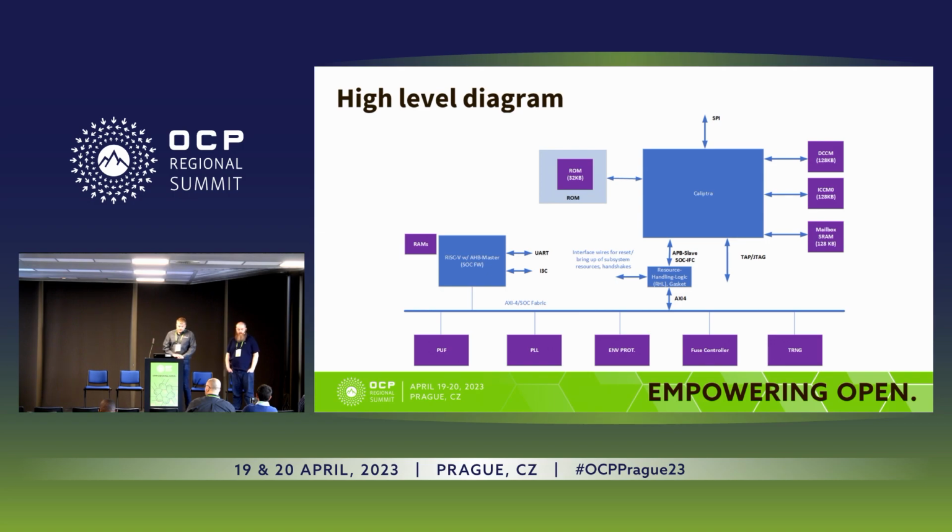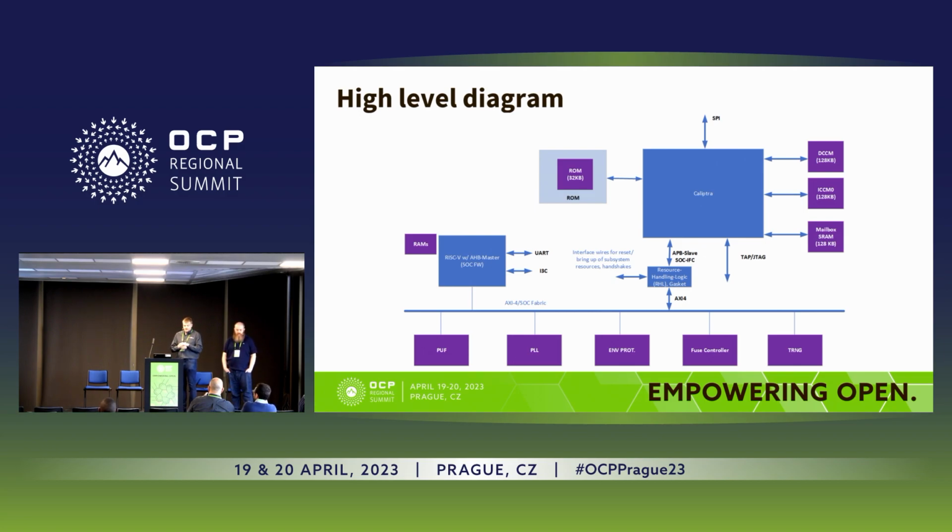So, a high-level diagram. Again, as I said, we gave a pretty detailed overview of Caliptra in the Global Summit, so I just want to quickly rehash at a very high level the key components of Caliptra. It's built around the RISC-V microcontroller, and it has a crypto subsystem integrated.